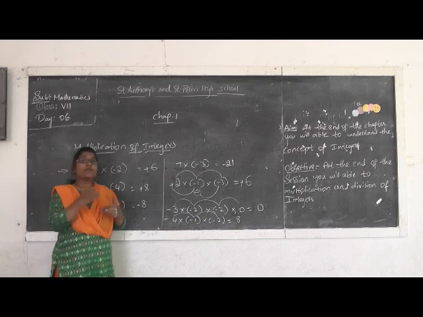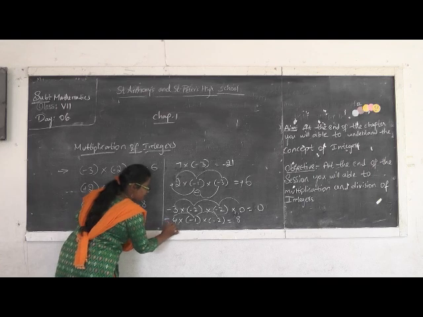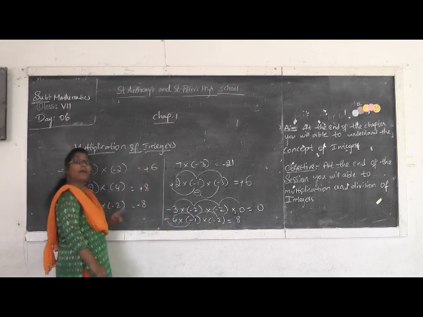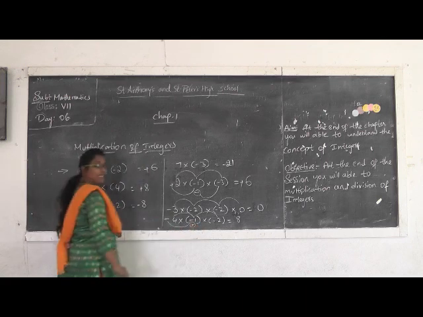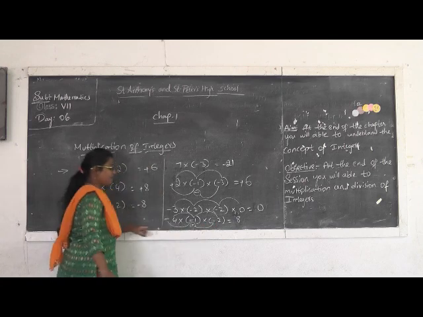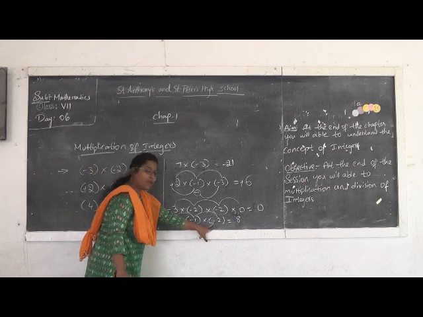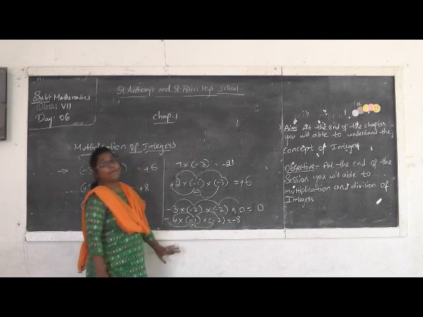Next step, we have to simplify the symbols. Now, both are having same symbols. Minus, minus. It is nothing but what? Plus. Both are having same symbols, no? So, we have to consider it as plus. With this plus, we have to compare the next symbol. Plus, minus, minus. One positive, one negative, here it indicates minus.